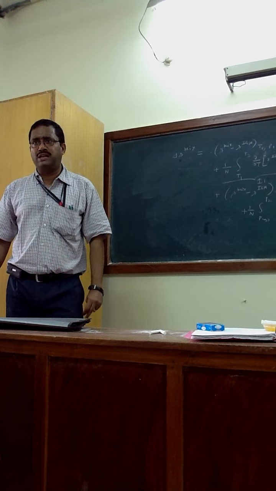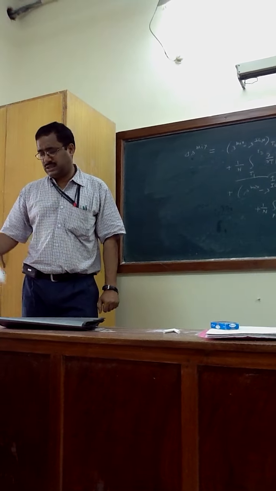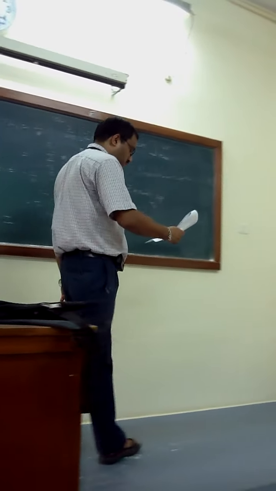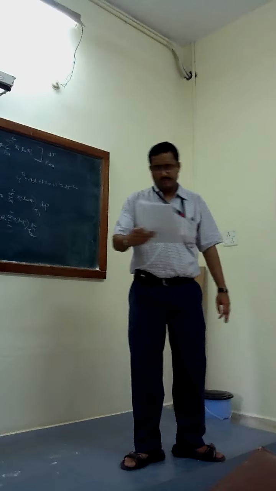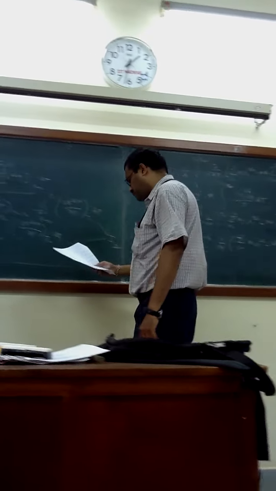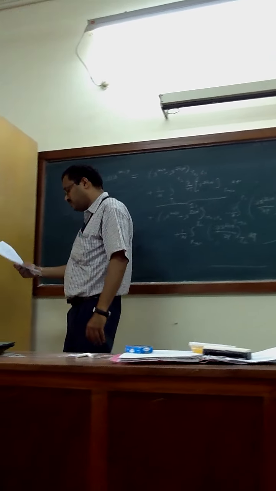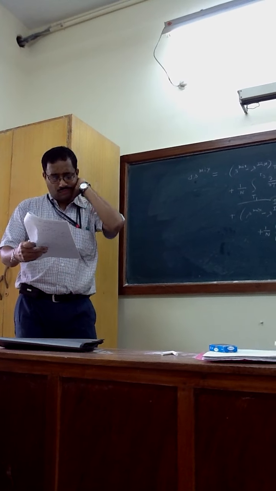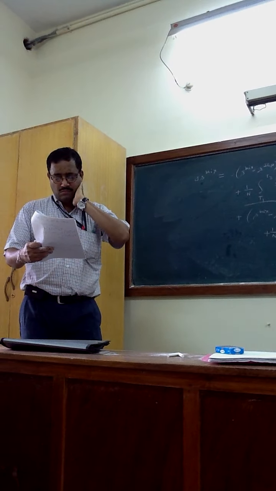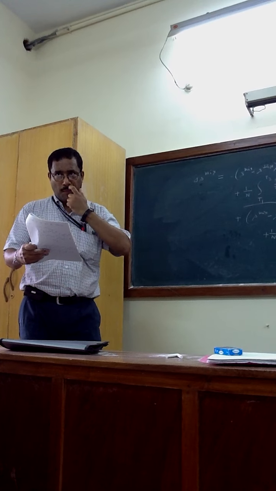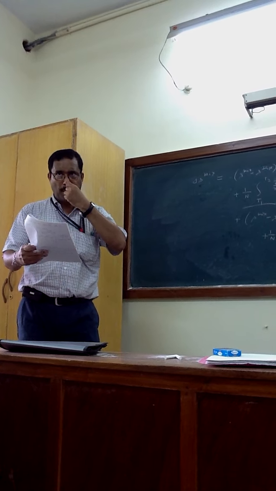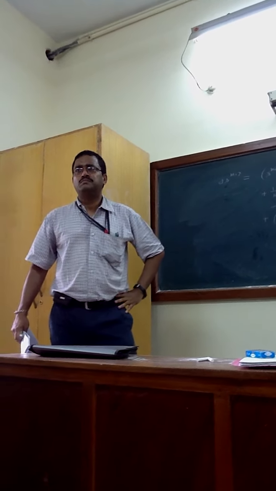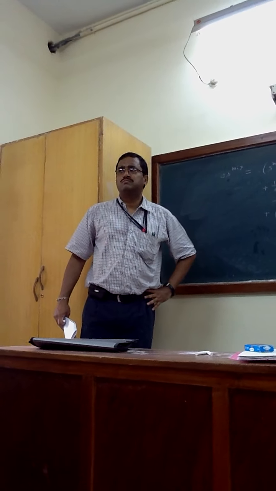Dou Sig by dou P at T1 is minus R by P, right? Yes, give me the answer first. Who will give me the answer?